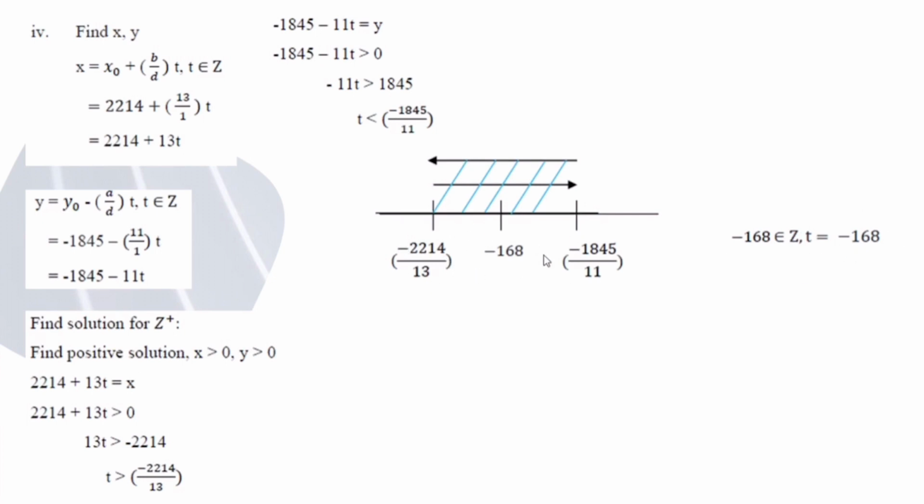So after we get the range over here, we can plot a simple line graph. As you can see, I put this negative 2,214 over 13 as the very first point, and negative 1,845 over 11 as the last point. In the middle of this range, I put negative 168 over here.